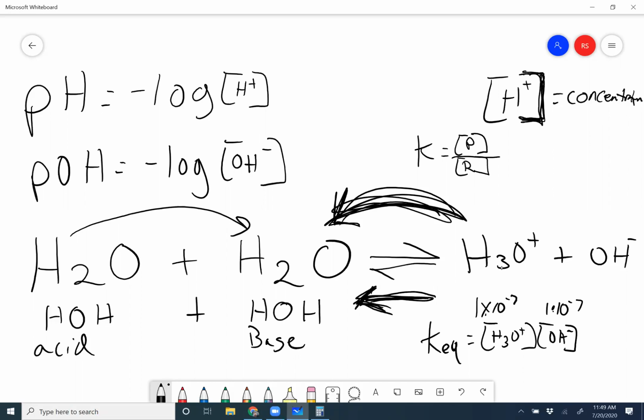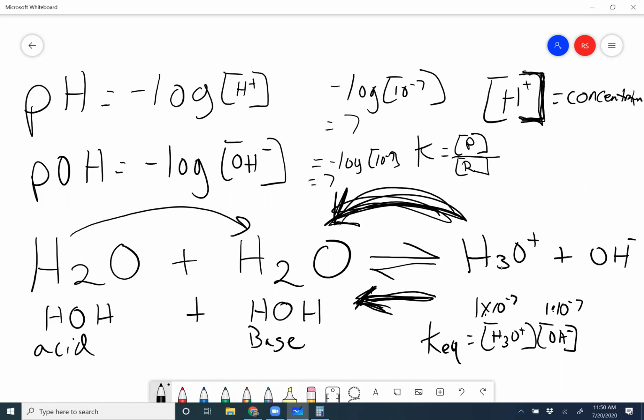So if we plug it into our equation here, water will then have a pH of the negative log of 10 to the -7, which if we plug that in will equal 7. And it will also have the negative log of 10 to the negative 7th of hydroxide, which if we plug that into the calculator, gives us 7.